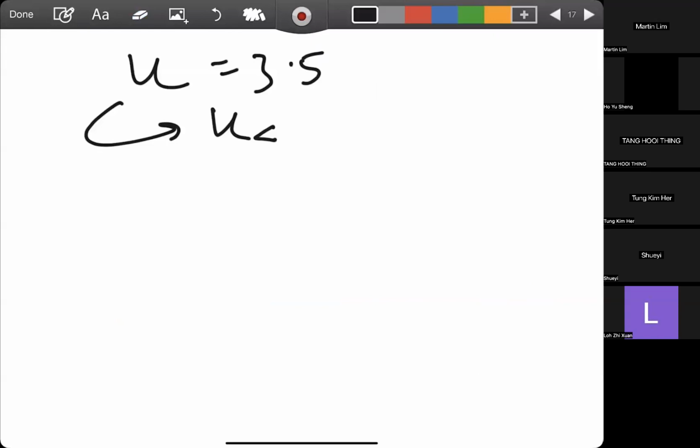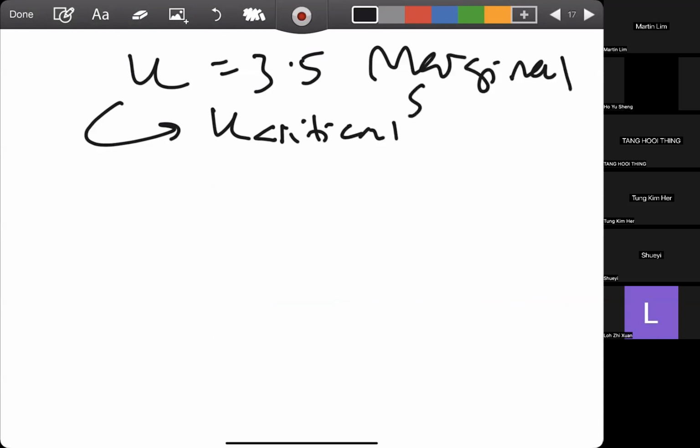Not equal. Marginally stable. So it will give you the K critical gain, okay?